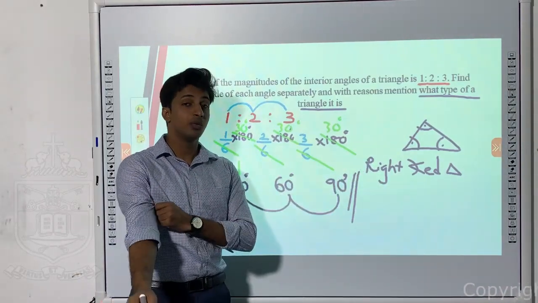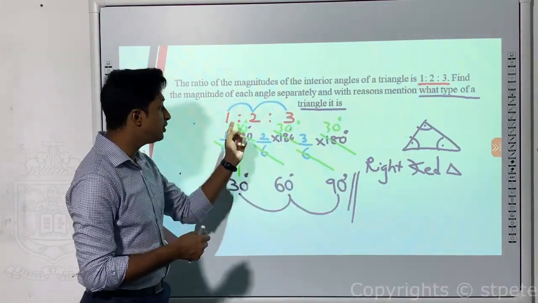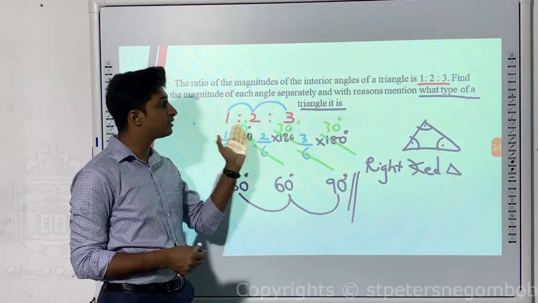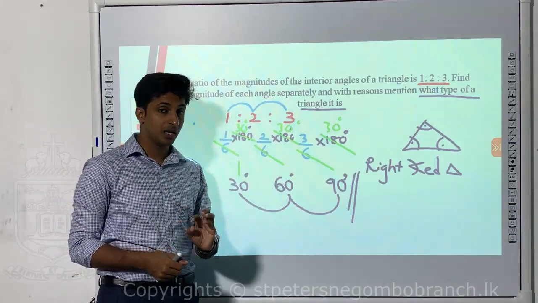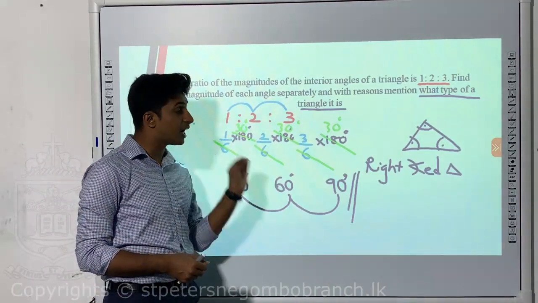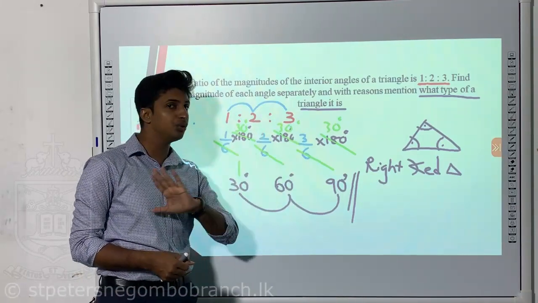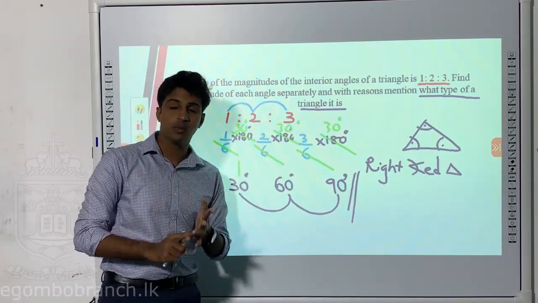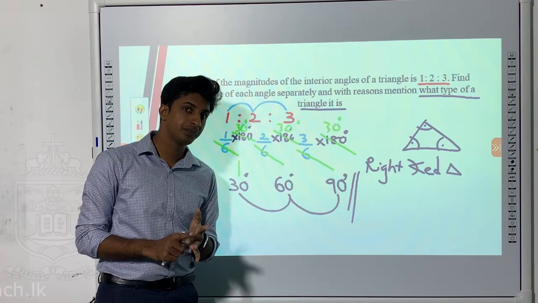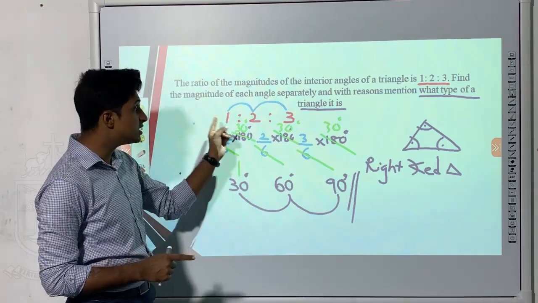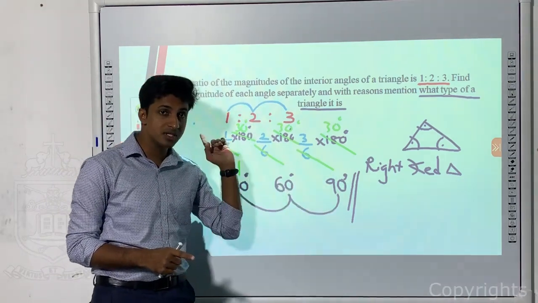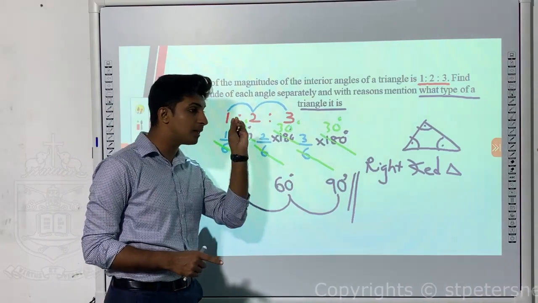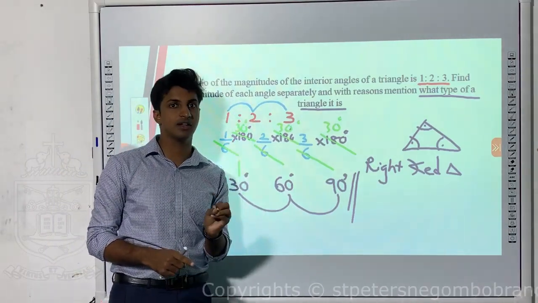Since you have got a right 90 degree here, I can write it is a right angle triangle. Now what I was going to explain, when you see the three ratios, you can see there are three different angles. When they ask you the type of triangle according to these angles, do not write isosceles or equilateral or scalene. Remember very carefully, since we are going through the angle values, you have to write the triangle name according to the angle value.